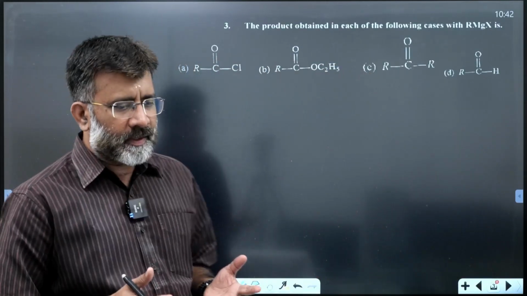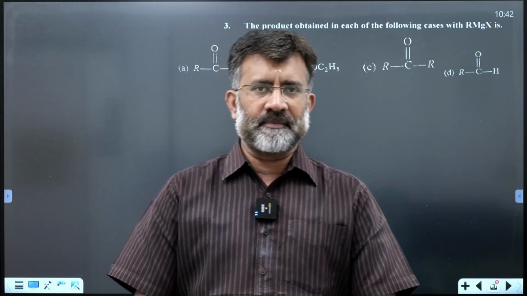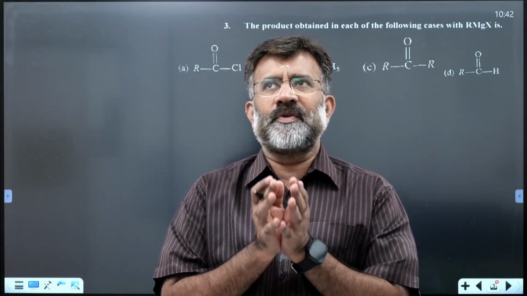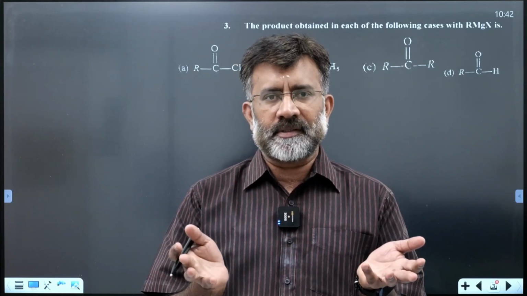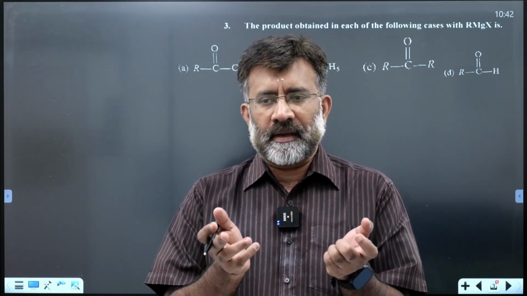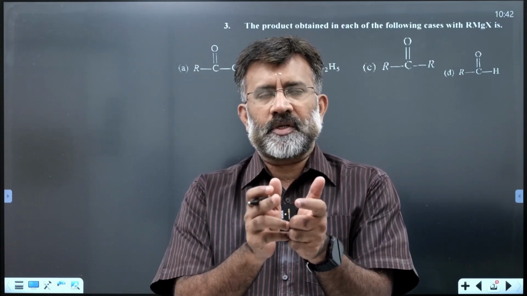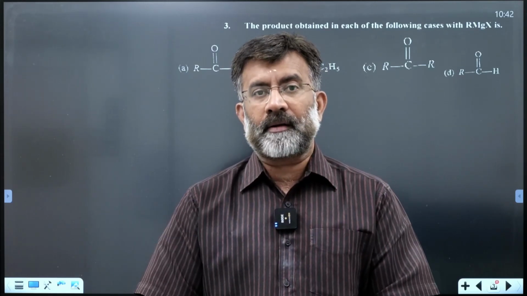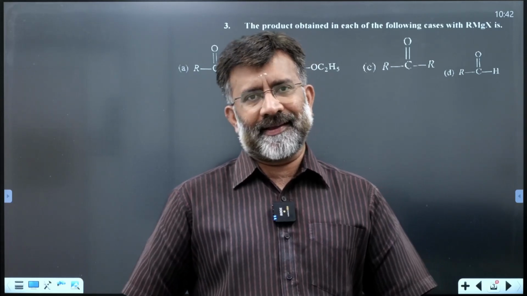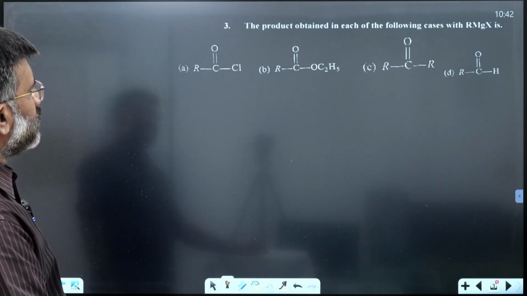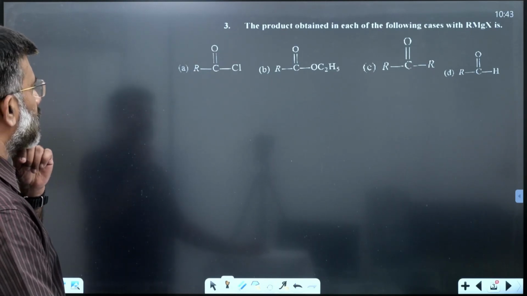All these points you can understand from the coverage, but certain points which we haven't noticed are going to be there in the question, and lack of information or lack of knowledge in that part is going to affect you in exams. Next one, the product obtained in each of the following cases with the RMgX.